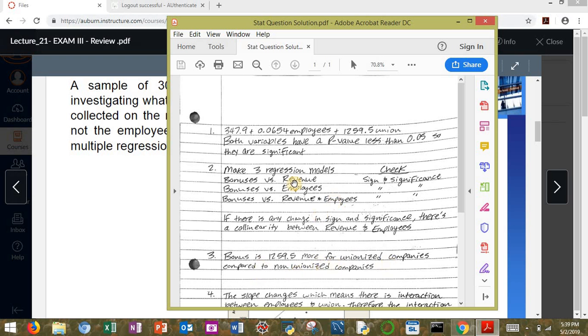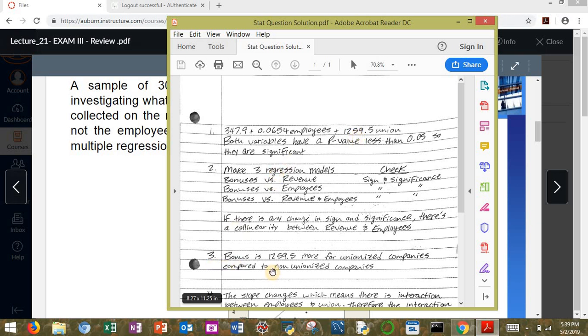And the reason for that is if we were to have a unionized company, we would put a 1 here for this variable, and so it would increase our dependent variable, which is bonuses, by 1259.5. However, if it was a non-unionized company, we would put a 0 here for this variable, which would wipe this out, and it wouldn't exist.